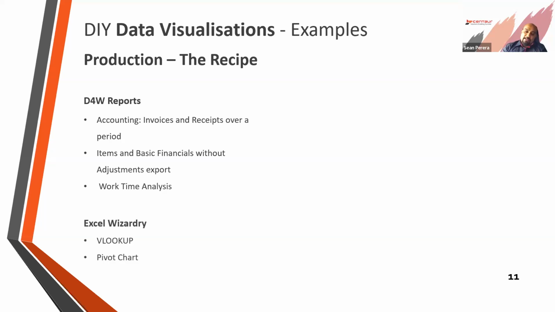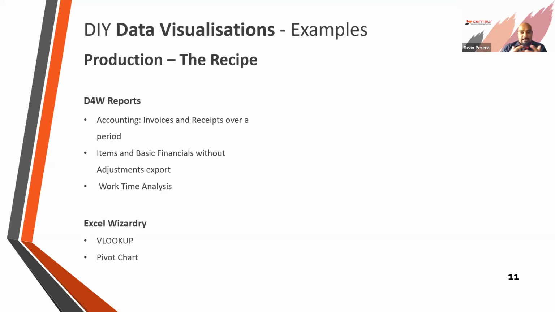And the second ingredient is Excel wizardry. I use the word wizardry here, but these are very simple functions, but just to make the recipe look good, I just call them wizardry.